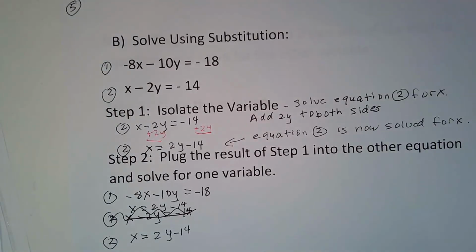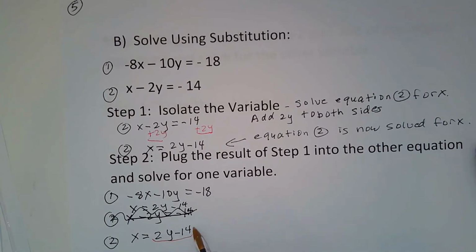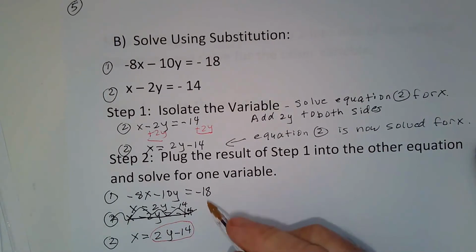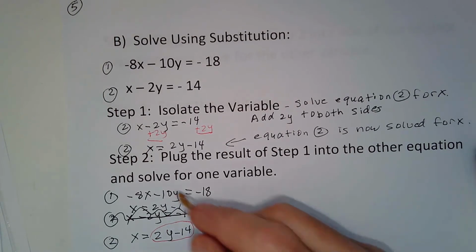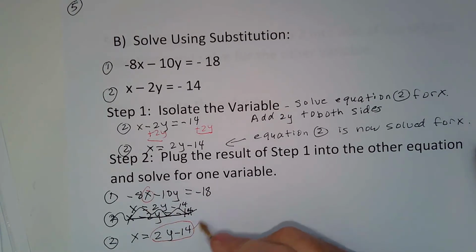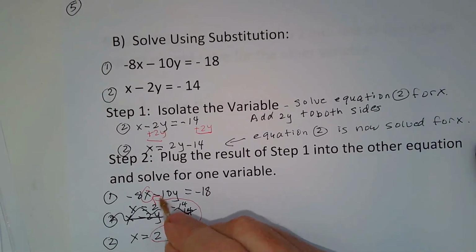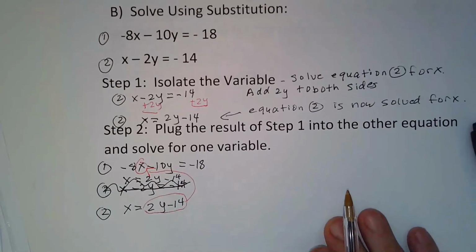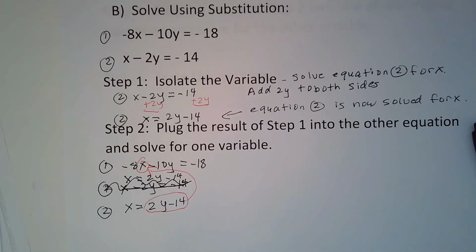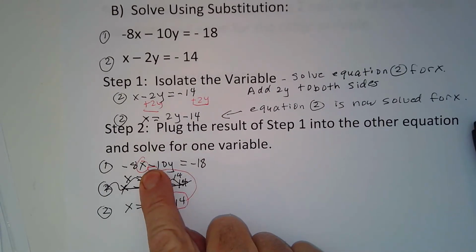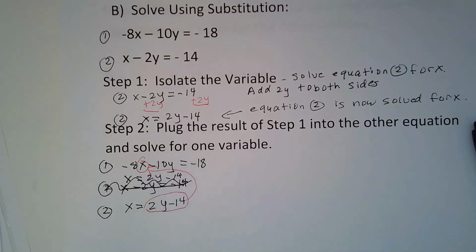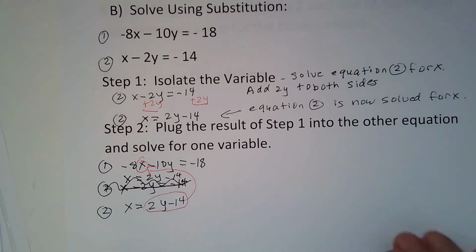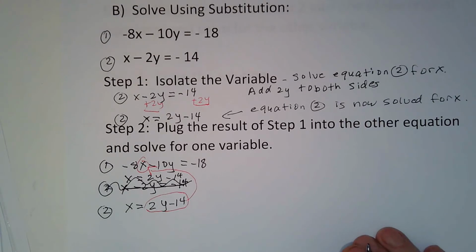All right. So what I'm going to do is I'm going to take this information here and I'm going to put it up here. I'm sorry that that's a little bit of a messy explanation, but the 2y is literally replacing the x in equation 1. So we'll rewrite equation 1 now.